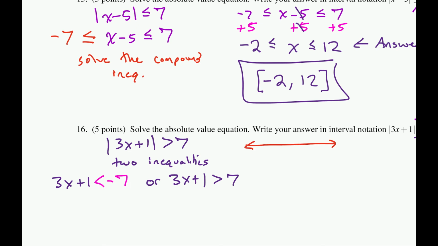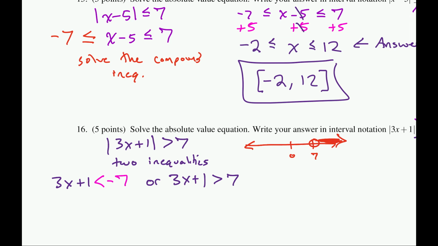And we talked about why in class, and basically it was this. Whenever you have an absolute value greater than some number, what that looks like on the number line is like the 7's here, and we're saying this side. But we know that an absolute value could be positive or it could be negative, then you absolute value it and it makes it positive.